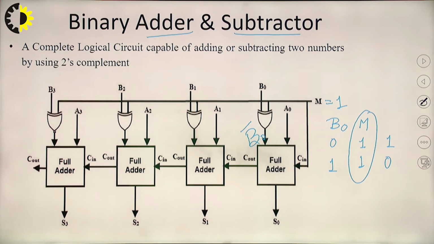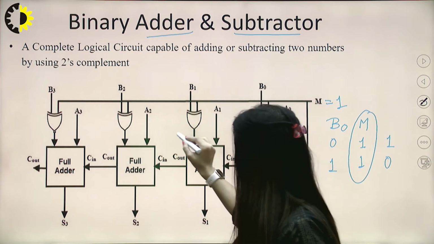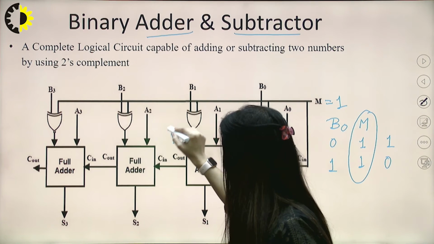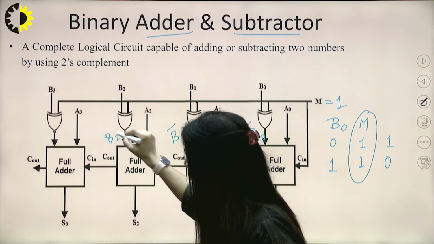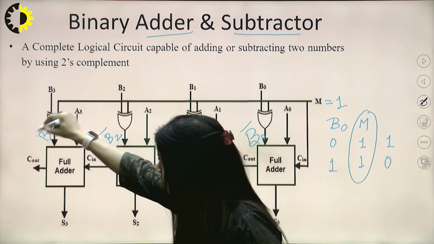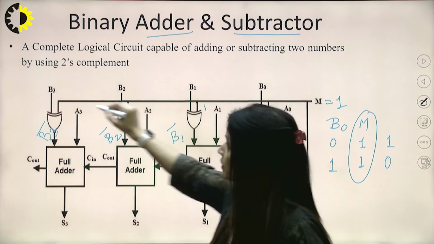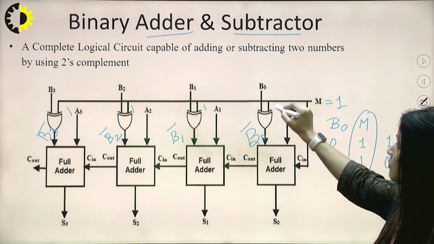So this is B0 bar, B1 bar, B2 bar, and B3 bar, and here it is 1, 1, 1 and 1.